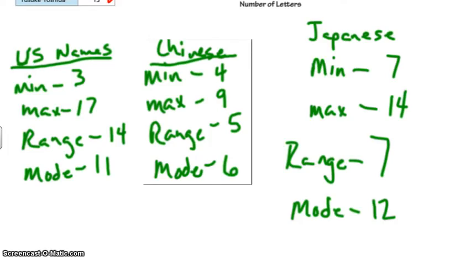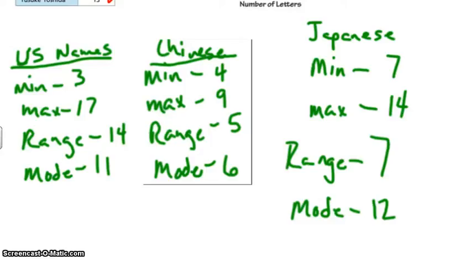So now that I have all 3, Japanese, Chinese, and the United States names, I can use the range, the mode, and the minimum and the maximum and compare. I can tell that the US names, the smallest that we had was 3, while the largest we had was 17. So using the range number, I can tell that those names have what we call a large variance.